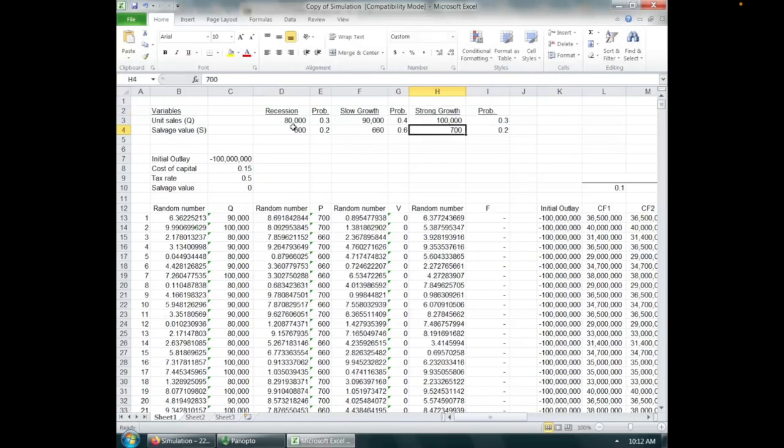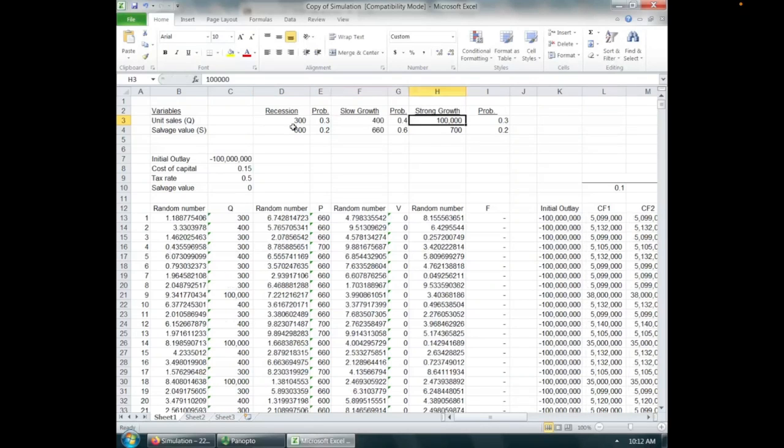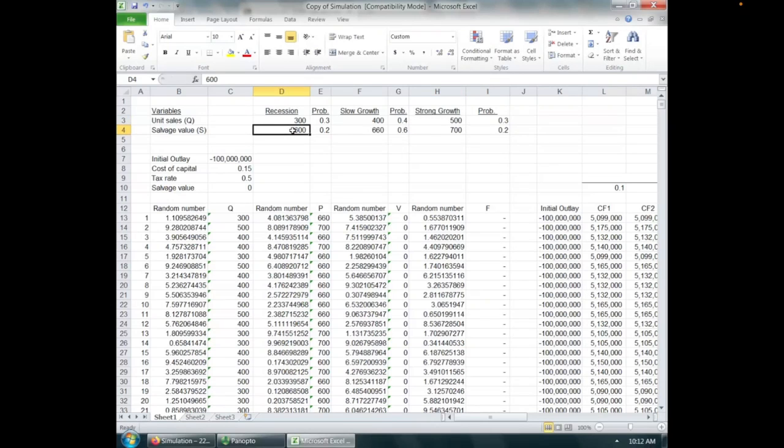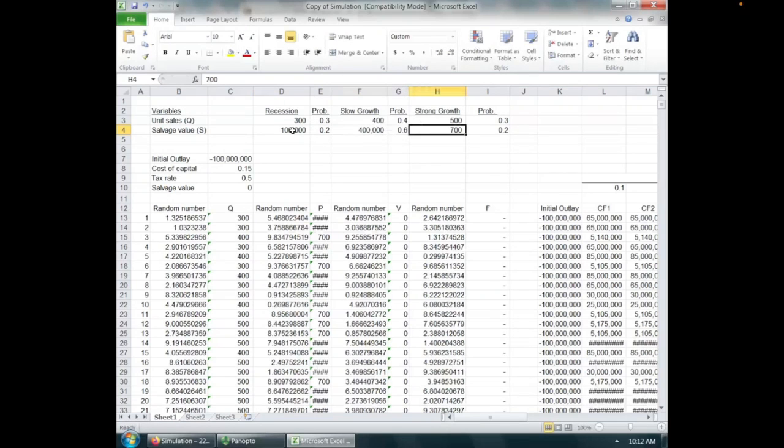According to the case, in the state of recession, we have 300 units. In slow growth, 400 units. Strong growth, 500 units. And with salvage value, in the state of recession, we have $100,000. In slow growth, $400,000. And in strong growth, $900,000.